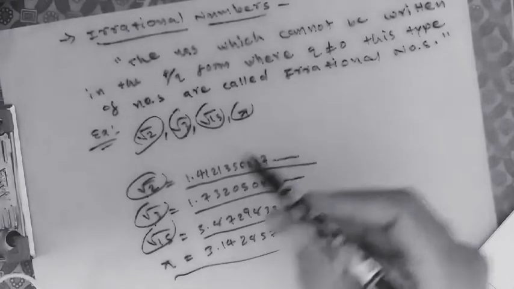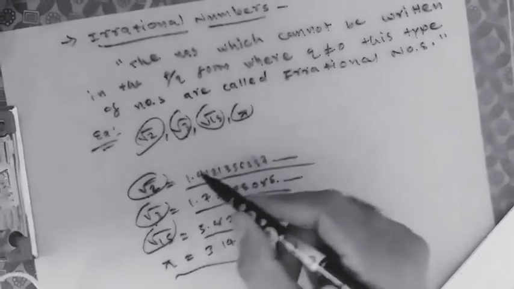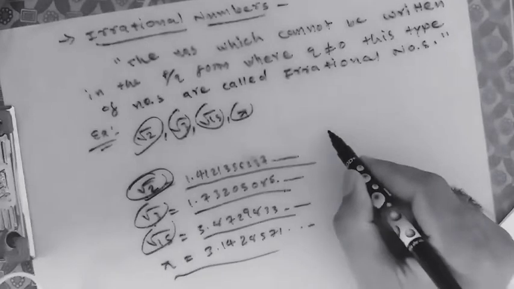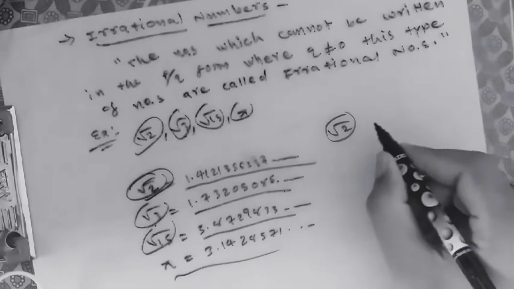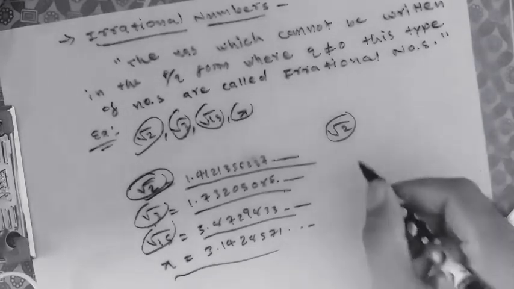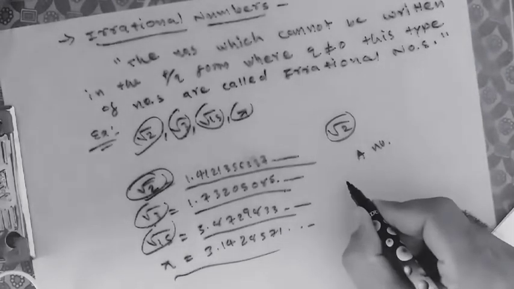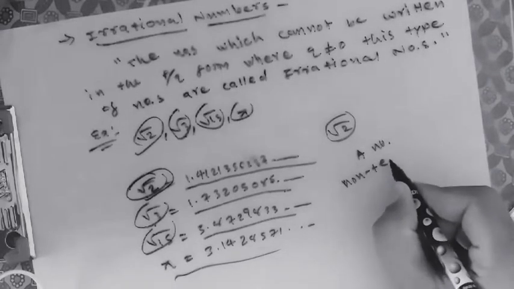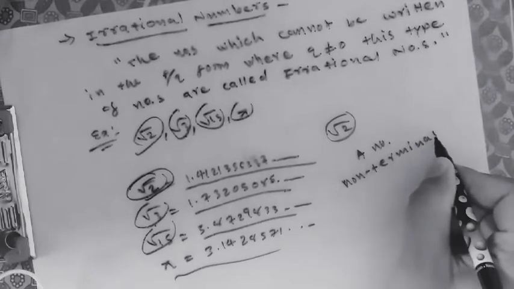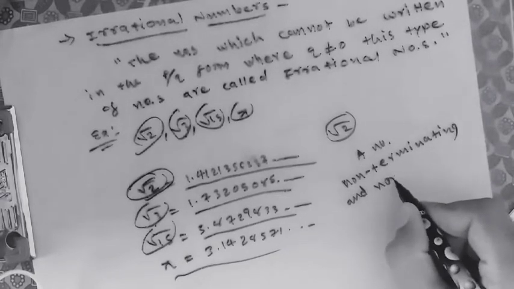So if we observe the number carefully, then we can find out that the decimal expansion of this √2 is non-terminating and non-repeating.